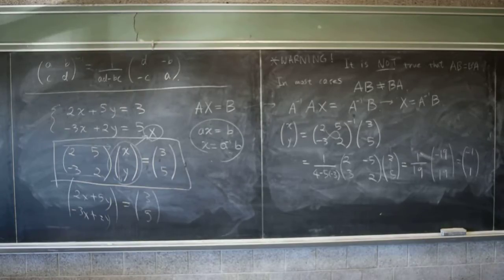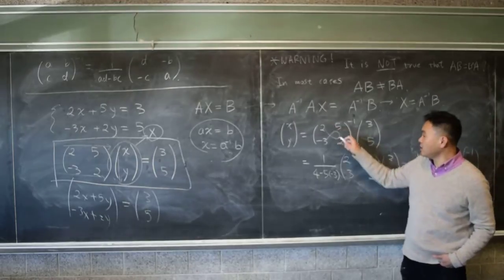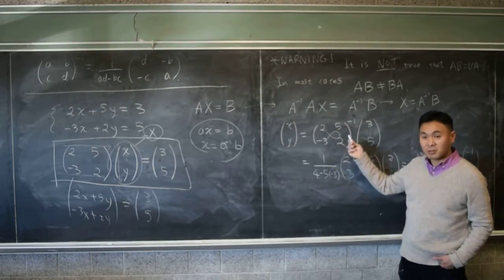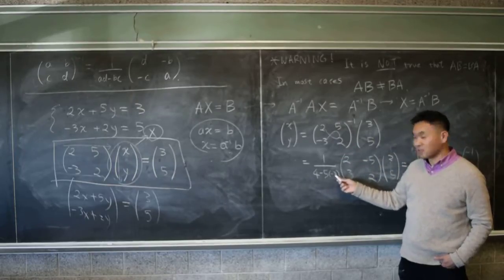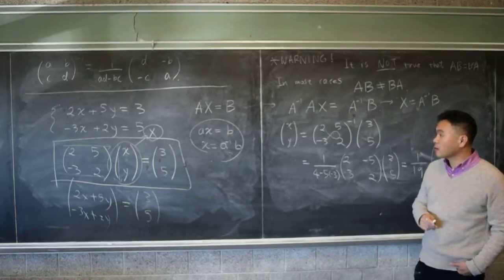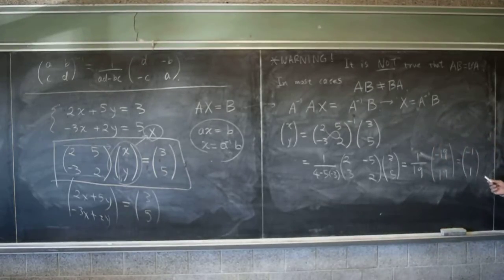Where'd you get the 4? Oh, it's AD minus BC. So 2 times 2 minus 5 times negative 3. All right, so it's telling me that negative 1 and 1 are the answers.